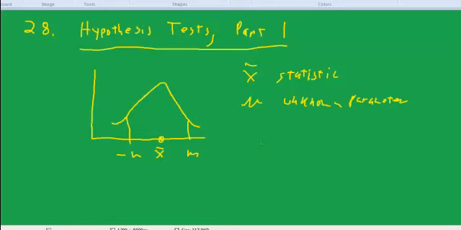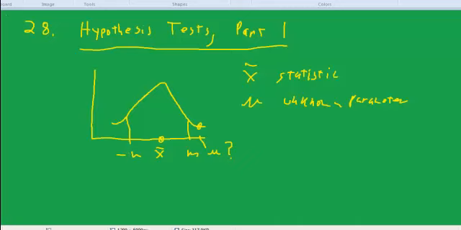Now with a hypothesis test, we'll talk about a particular point. We'll say, if the true mu were here, how likely is it that we would have observed the x bar that we did? So now instead of asking about an interval, we're asking about a particular point.